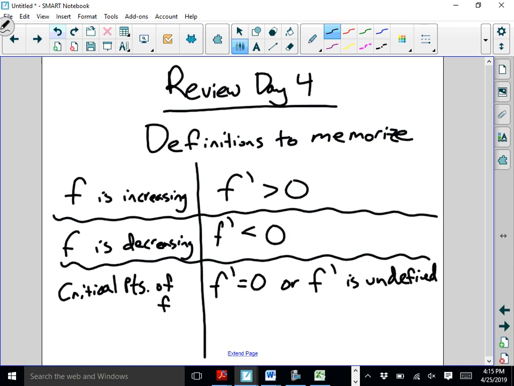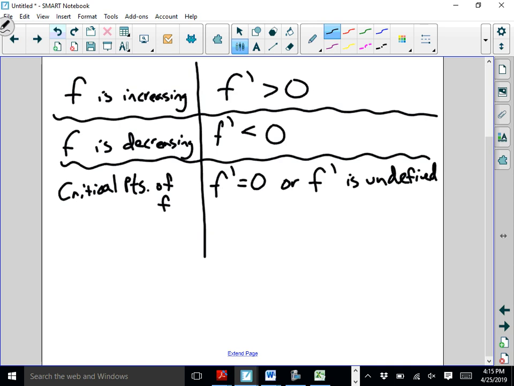Another way that they ask a similar definition to critical points is when they talk about horizontal tangents of f.